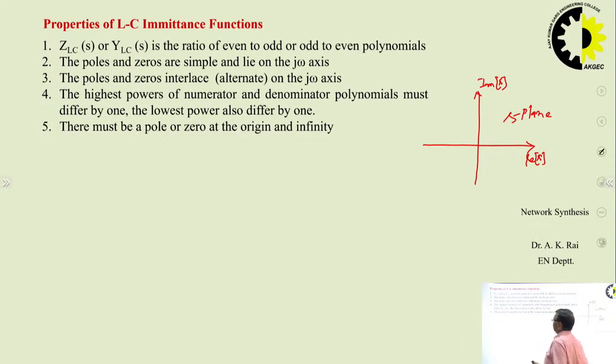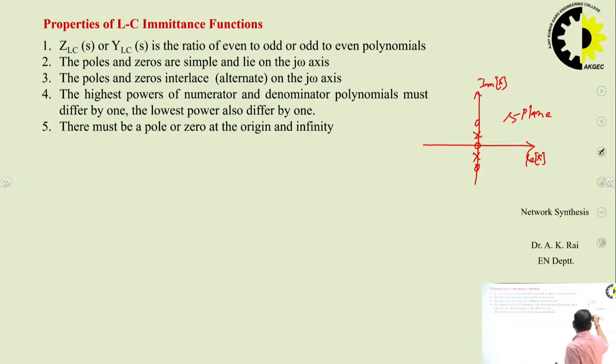Then the second one, the poles and zeros are simple and lie on the j omega axis. So this is the j omega axis. So suppose here is something, then we have the pole, zero, zero and so on. So for an LC function, poles and zeros lie on the j omega axis. The third one is that poles and zeros alternate on the j omega axis.